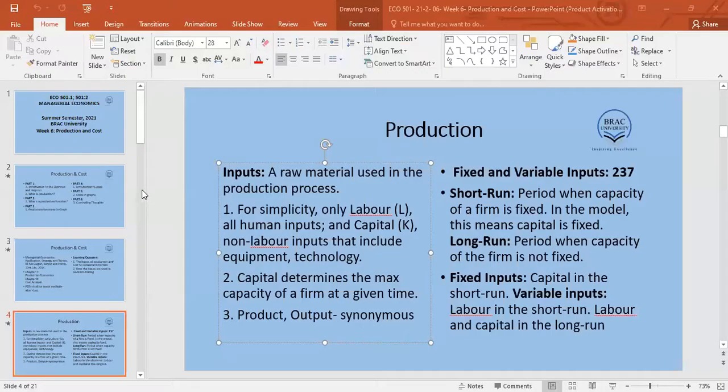Since we are using only two inputs, labor and non-labor, land will also qualify as capital. Okay, now the first thing that we want to do is define short run and long run.